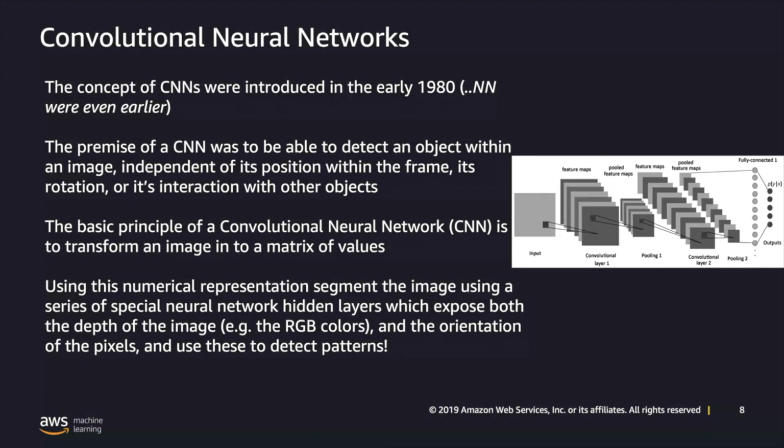And from there perform different types of tasks on that image based on the patterns that we detect within those matrices. And remember, those numerical representations and the segments within there effectively are our feature space for an image.